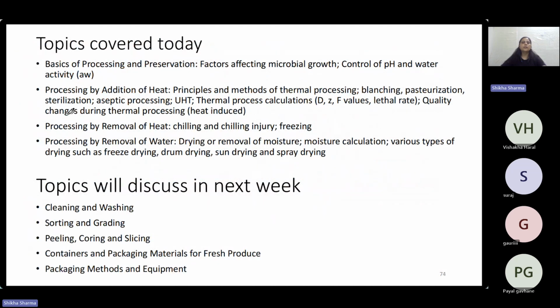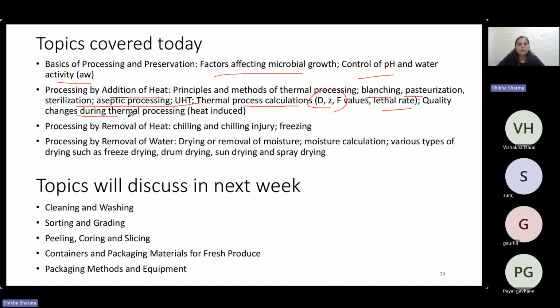So we discussed mainly today about the basic principles of processing and preservation, and the factors affecting microbial growth like pH and water activity. Then we discussed the processes which add heat, like blanching, pasteurization, sterilization, aseptic processing, UHT, canning, and then the thermal process calculation: D value, Z value, F value, and lethal rate.